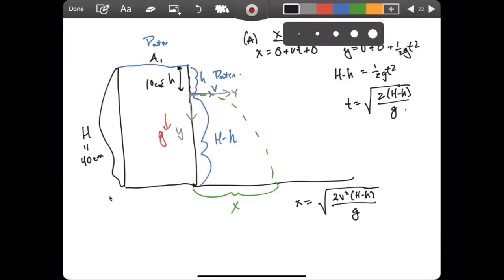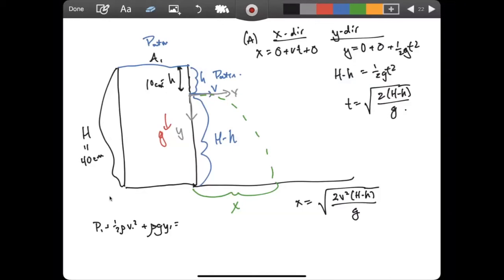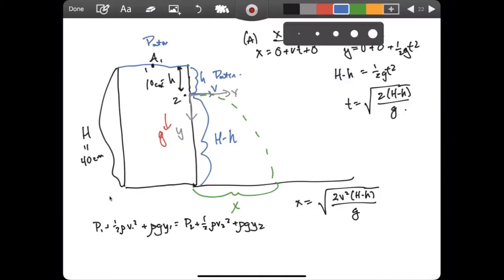So Bernoulli's equation says that P1 plus 1/2 rho v1 squared plus rho g y1 is equal to P2 plus 1/2 rho v2 squared plus rho g y2. Let's call the top point 1 and this point here point 2. I'm going to choose this position here as my y equal to 0, just to make it a little bit easier.